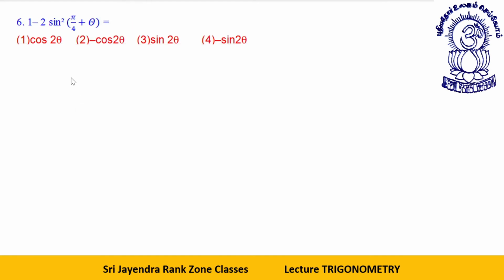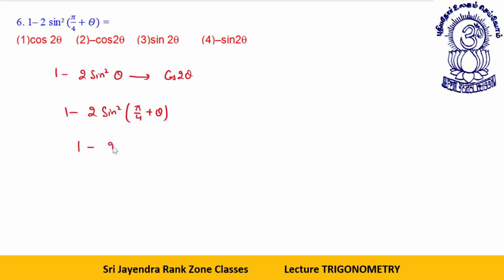We have 1 minus 2 sine square theta, which is actually cos 2 theta. So the question we have right now is 1 minus 2 sine square pi by 4 plus theta.